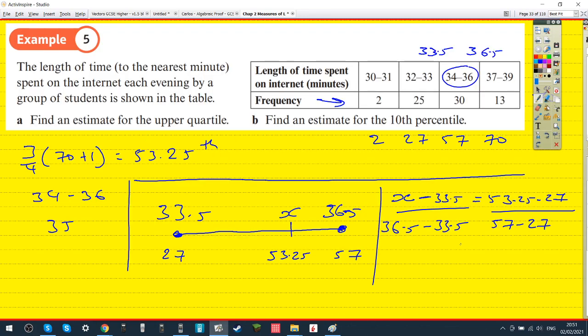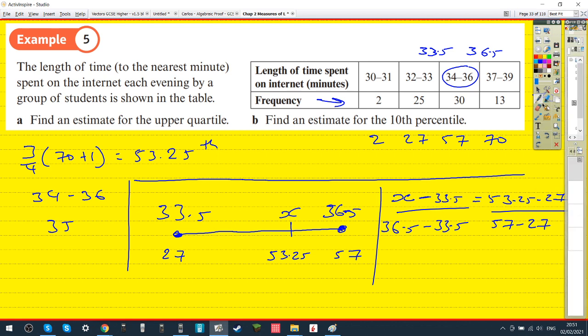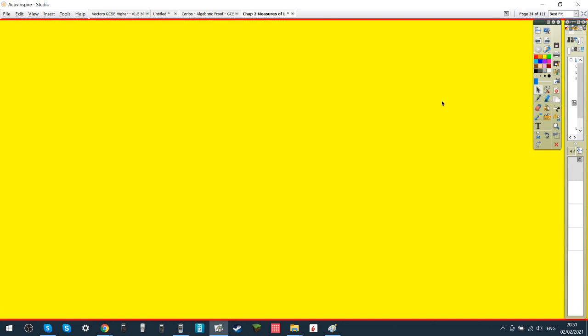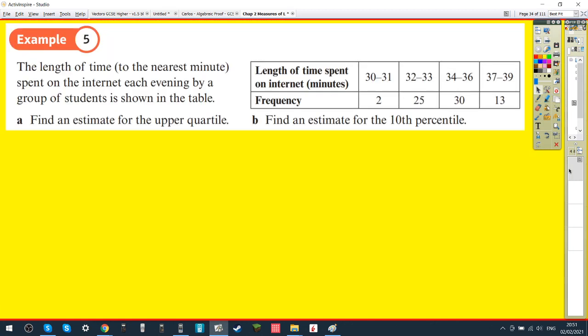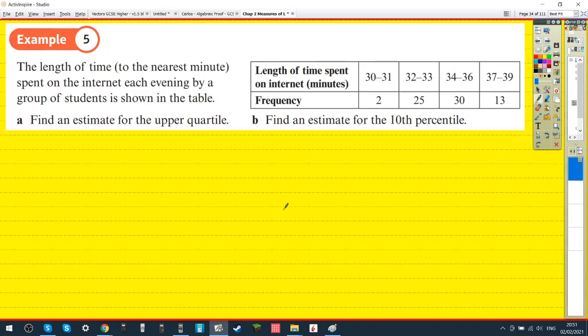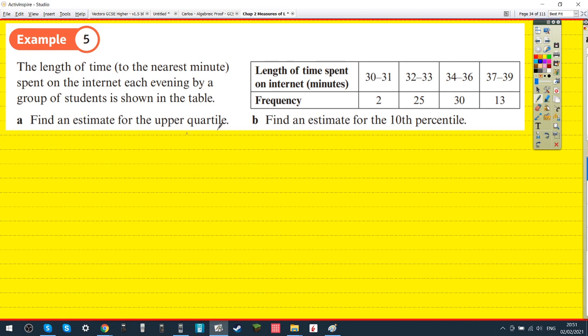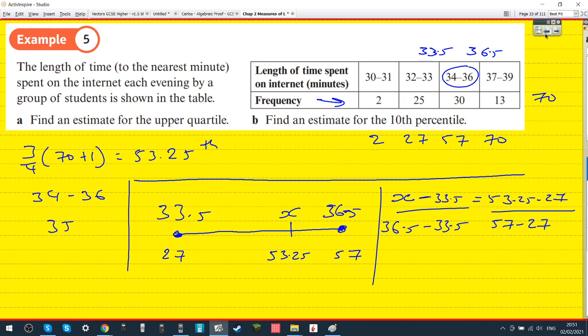Let me just see. Okay, the 10th percentile. Any idea how you worked out the 10th percentile? Is that 1/10? Yes. And so we did this one. That's the values we got. Yep.